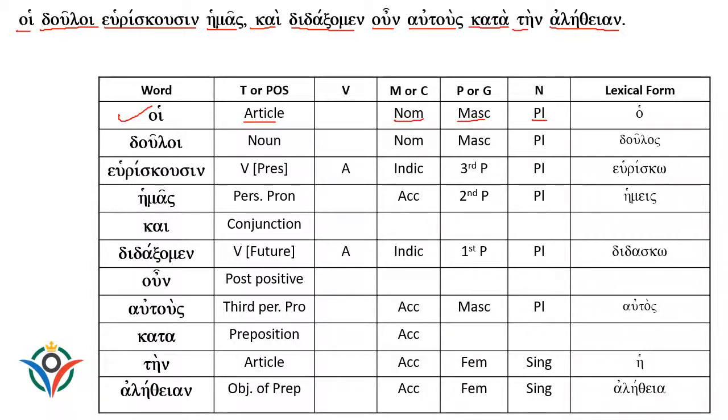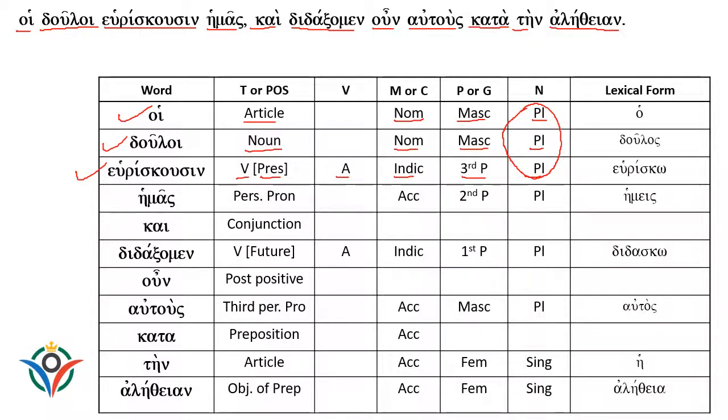All right, it's modifying the noun douloi, all right, which is also nominative masculine plural from doulos, which can be translated as slave or servant. Then we have the verb heuriskousin, all right, it's a verb, it's a present active indicative, third person plural. All right, so there we have an example of concord from heuriskō, which is I find.